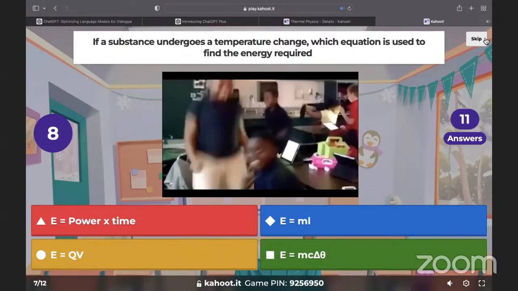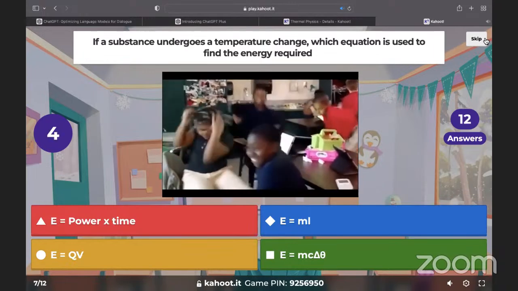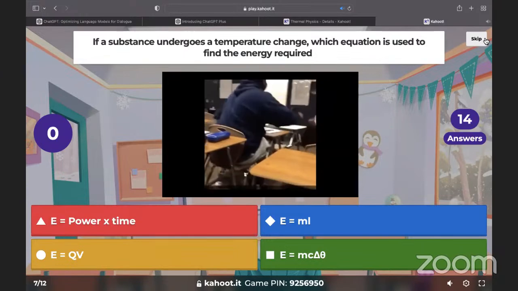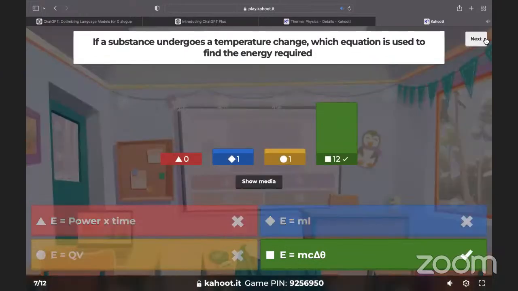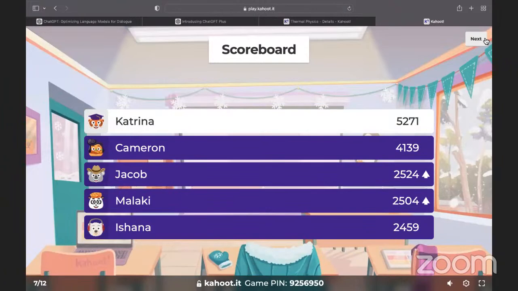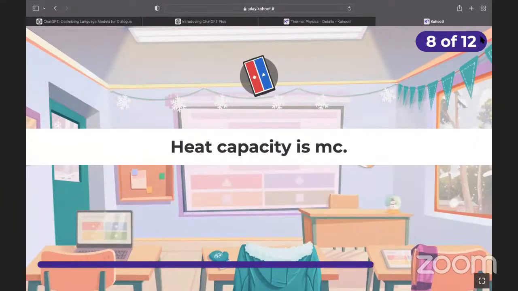Come on, let me get all right for this one. Amen, that's a little better. Who got it wrong, Malachi? Jacob. Look, Jacob got it right. True or false?